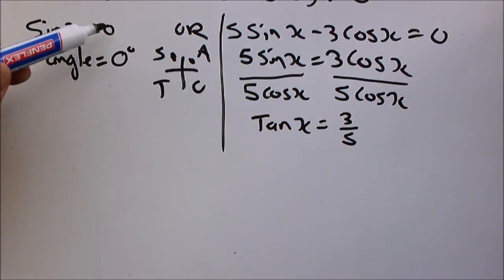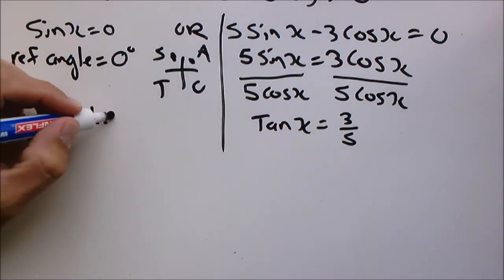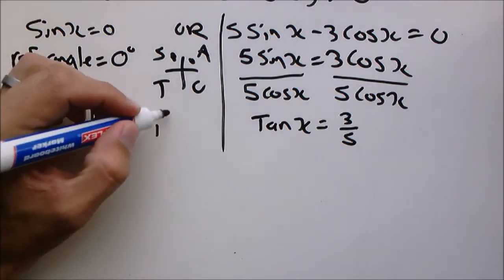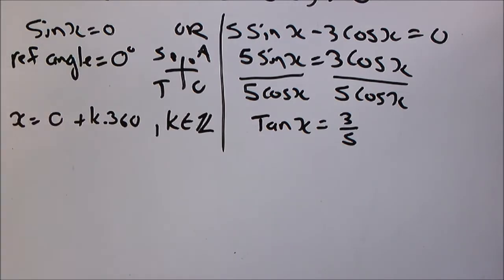Where sine x is 0 is at 0 degrees. Okay. We're working with the first and the second quadrants. Our first solution is x equals 0 plus k 360, k element of Z. And this is our final answer. We can't simplify it further, so we don't have to leave a line open.